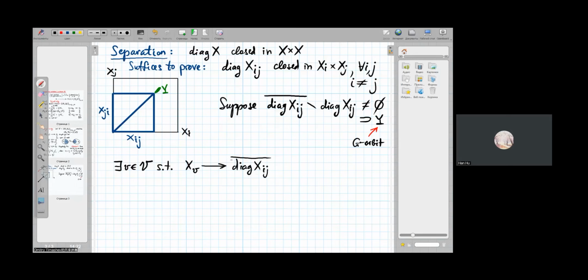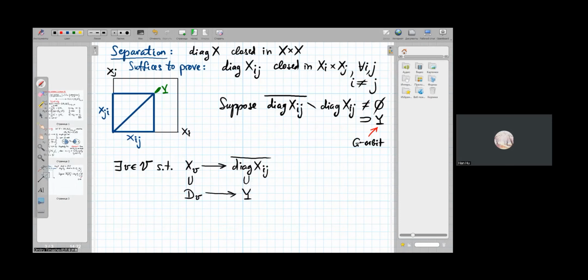It may be non-normal, but then you can normalize it. It is not a problem. And if you have an orbit in here, you can blow up this orbit. We already used this construction several times, so you can blow up this orbit and obtain an elementary embedding whose boundary divisor Dv maps exactly to this orbit.